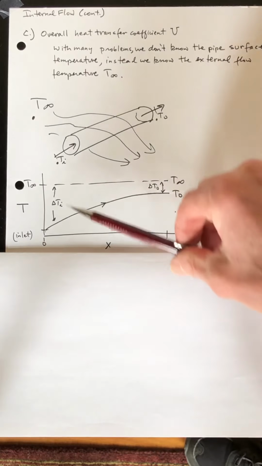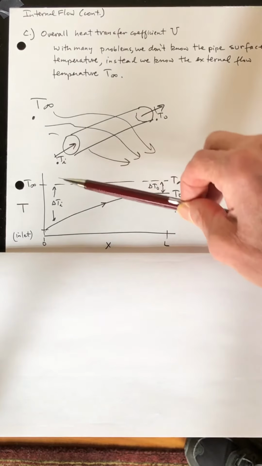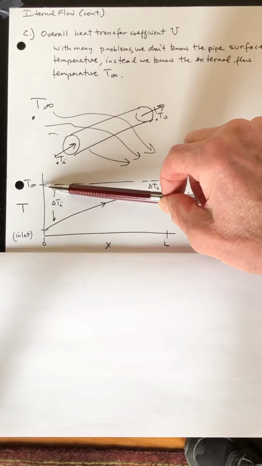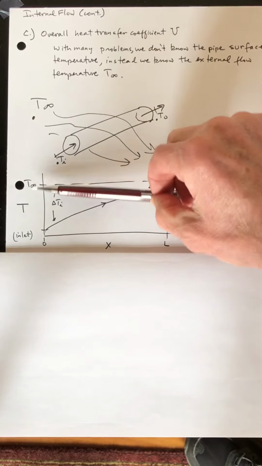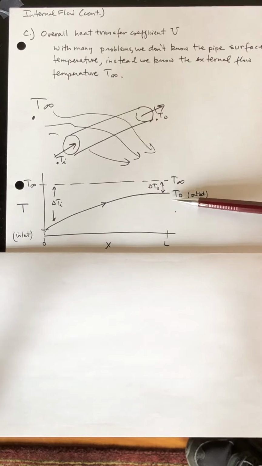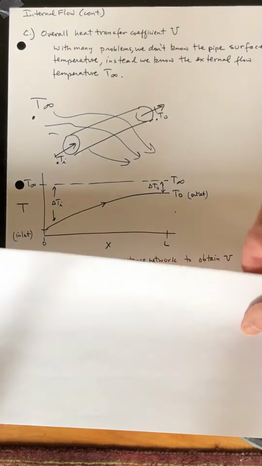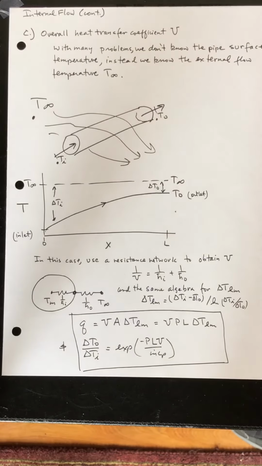And again, as we did before, we will write relations for the temperature difference between the temperature at infinity and the inlet temperature, and the temperature of the outlet and the temperature at infinity. So how do we start with the analysis?